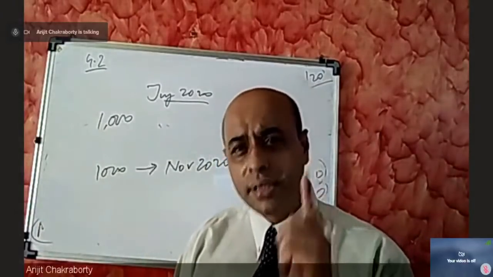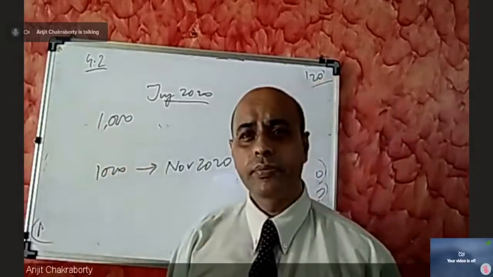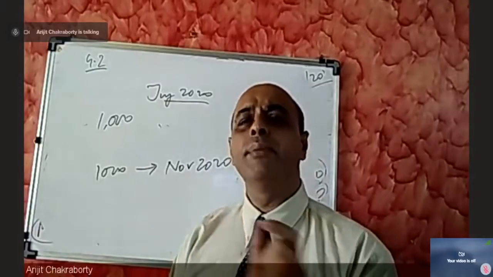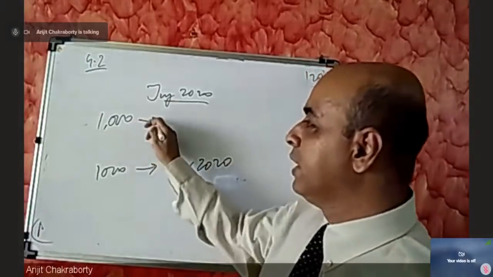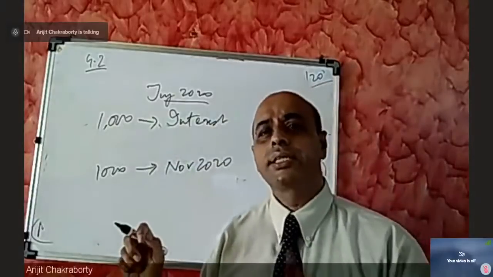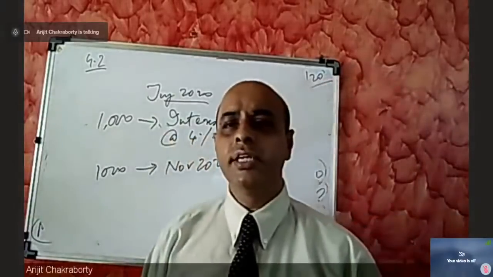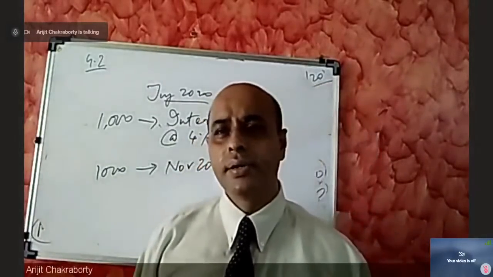The answer is yes. If you get 1,000 rupees in July, then you can invest that money, say for example in a bank. In a bank you will be getting interest, say at the rate of 4% per year.